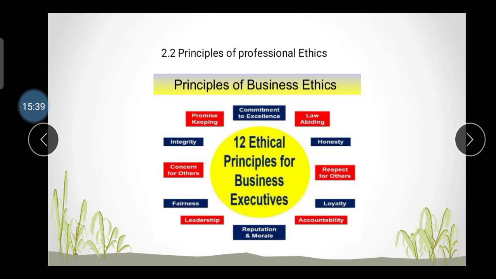Here one chart is considered regarding that, so you can easily identify the principles of business ethics. Commitment to excellence: whatever you work on, you should commit to doing it perfectly, and whatever errors I find, I will try to solve. Then law-abiding means whatever work you do, do it honestly.